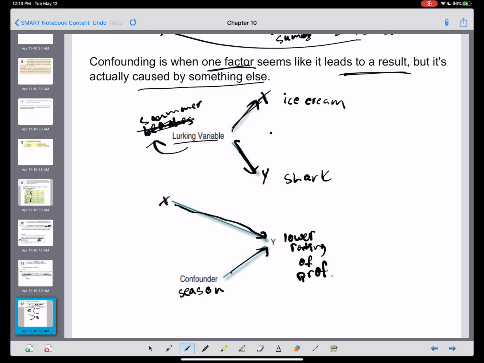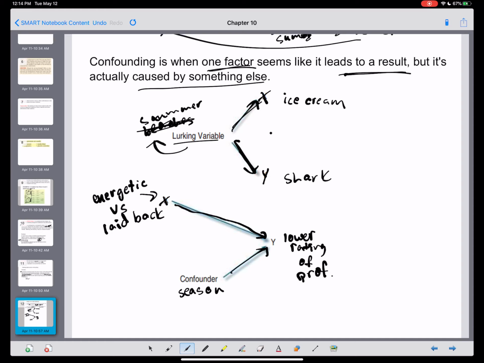But no, the reason he got a lower teacher rating was because he was more energetic versus laid back. Energetic and laid back doesn't necessarily have something to do with the season, so the X and the confounder don't really tie together. We had said the confounder was the season, that naturally the season's the only thing that's different. No, it's the fact that in those seasons he was energetic or laid back.